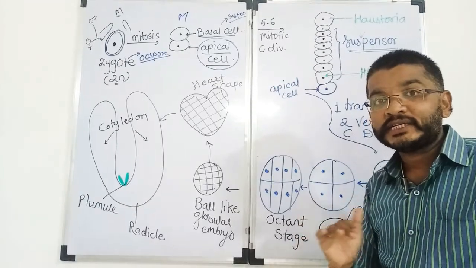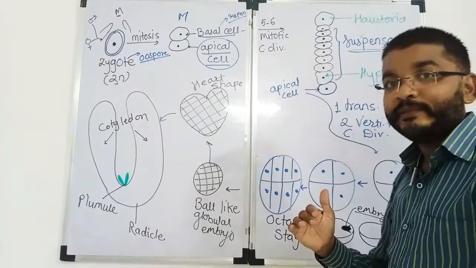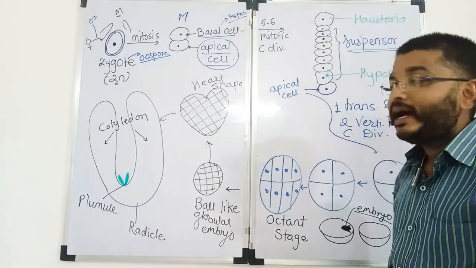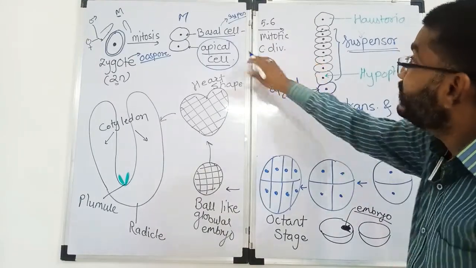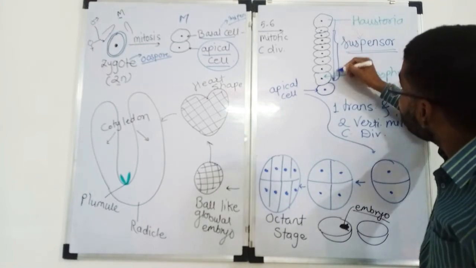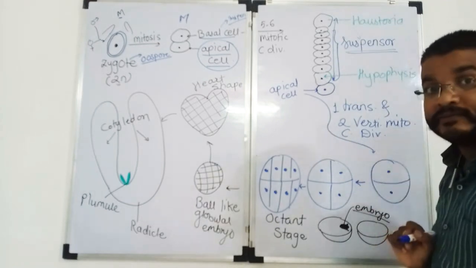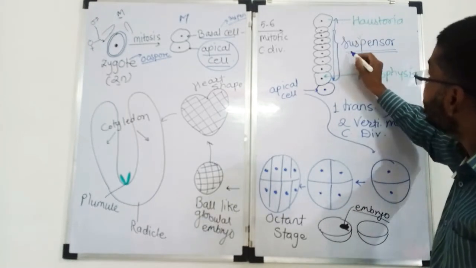They are going to take place horizontally. All mitotic cell divisions take place in a horizontal plane, and therefore due to 5 to 6 mitotic cell divisions from a single basal cell, a long stalk like or rod like structure has been formed. एक जो बड़ा rod like structure डेवलप होता है that is called suspensor.